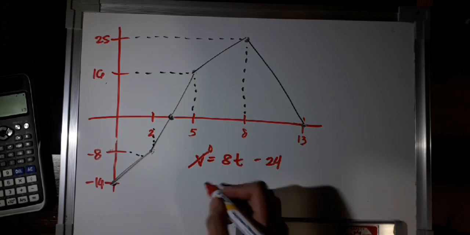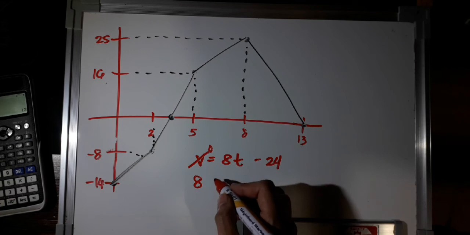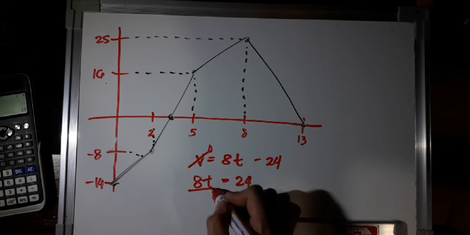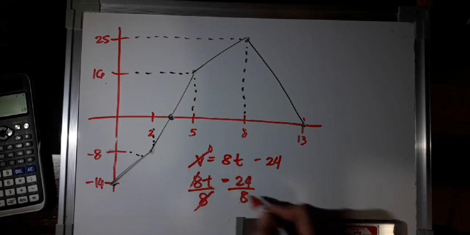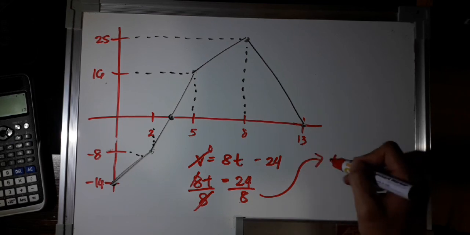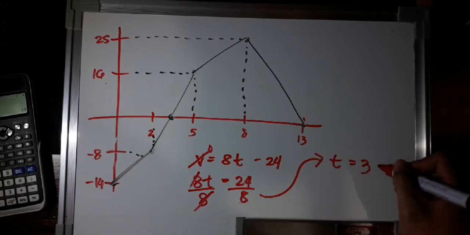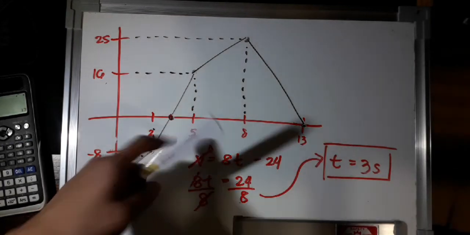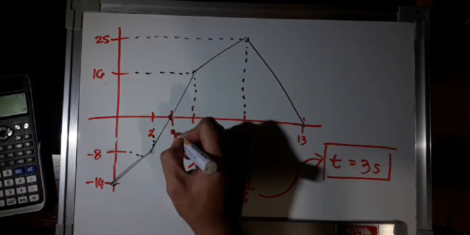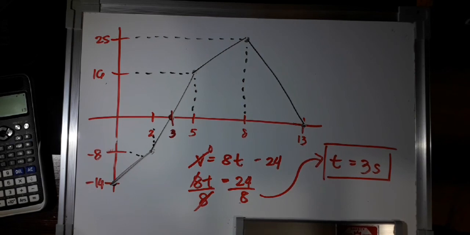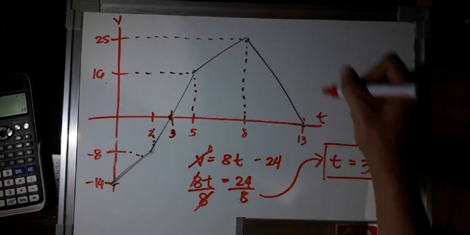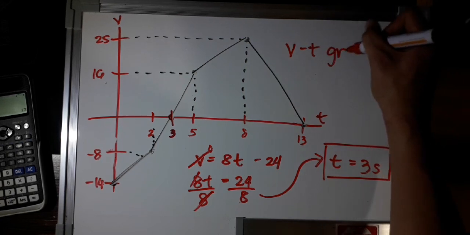So transposing negative 24 to the other side, that will give us 8t is equal to 24. So simplifying, divide both sides by 8, we have 24 divided by 8, we have 3 seconds. So the point here indicates that 3 seconds. So that is it for the VT graph.